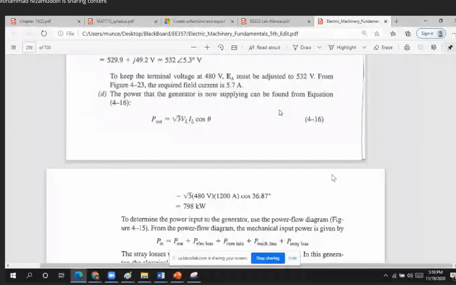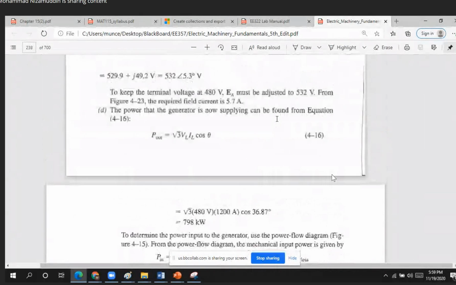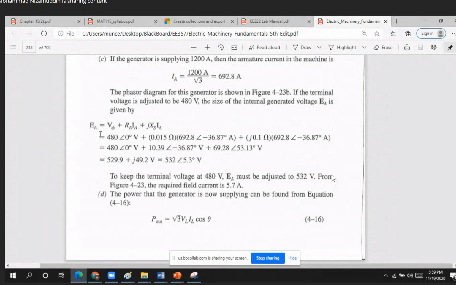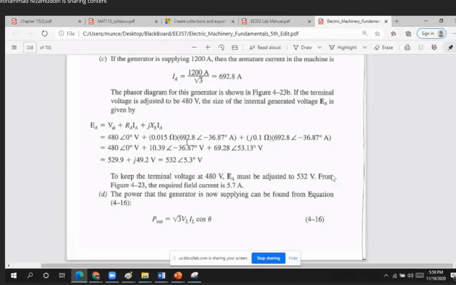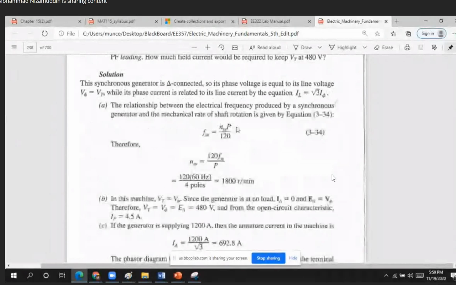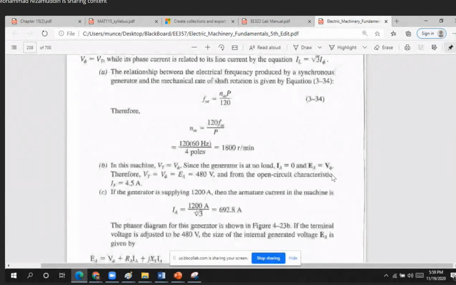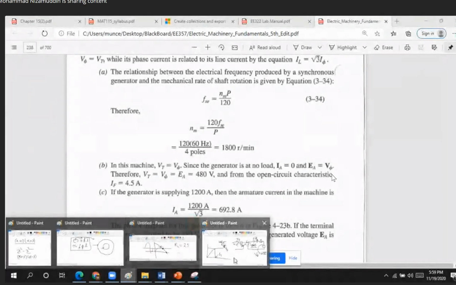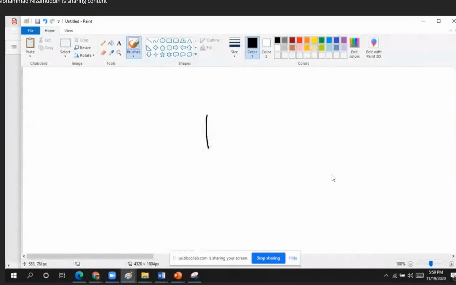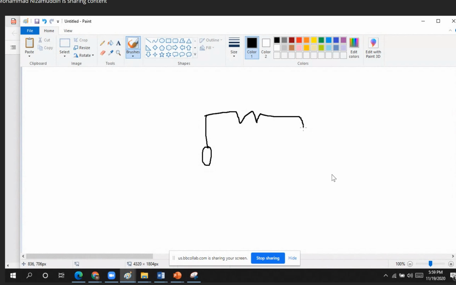Now this is what we have to do. Look at this here. So you find E, V phase is 480, RA you know already, IA is how much? 1200 ampere, but it is Delta connected. In this case, it is also important to be careful that this circuit you are working with is Delta connected, so your IA is different now.